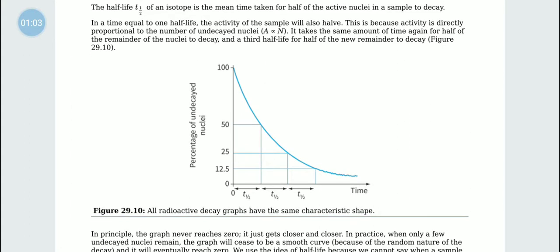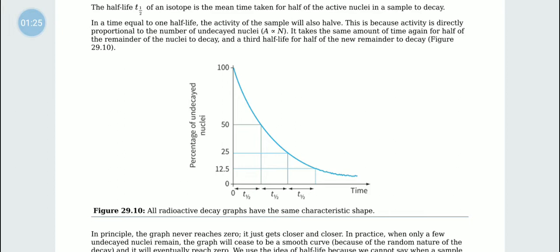So now if you look at this graph, you will see why it takes this particular shape. As you can see here, the percentage of undecayed nuclei reduces from 100. From 100 to 50, it has taken t0 to t half.